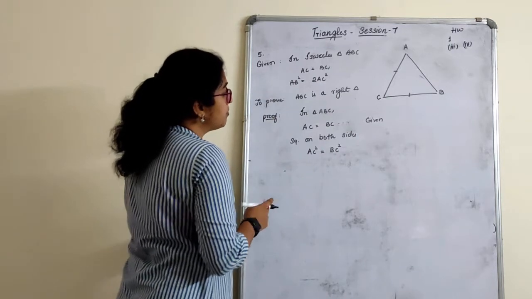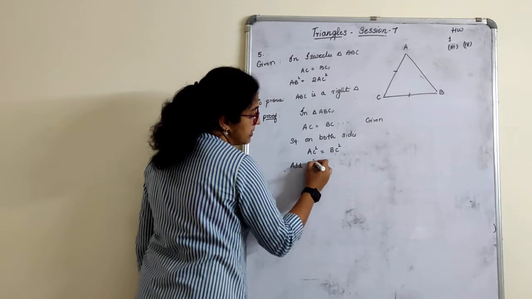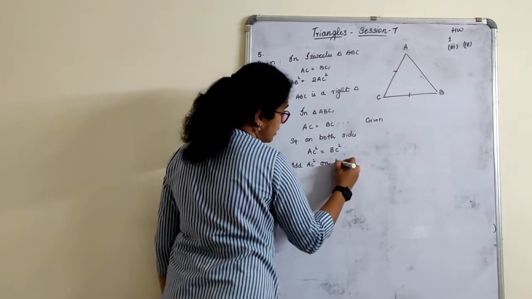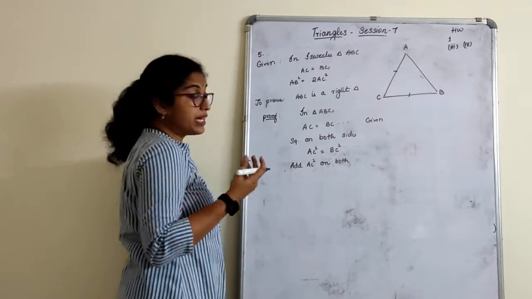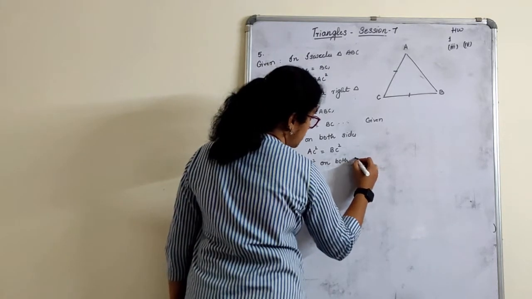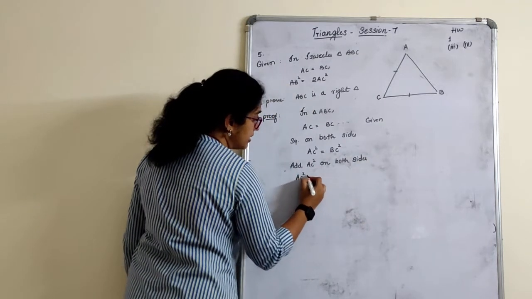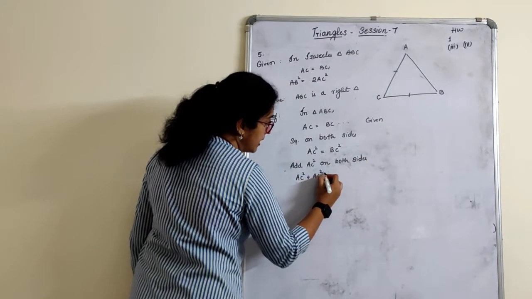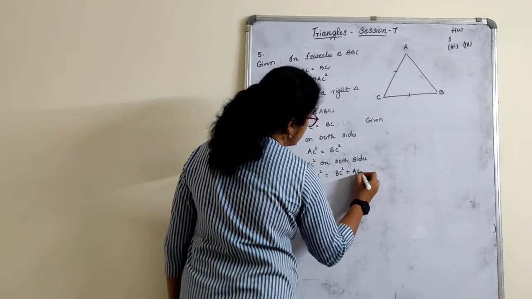So what we will do now is add AC square on both sides. Why should it be AC square? Because we have 2 times AC square. So this is AC square plus AC square equals BC square plus AC square.